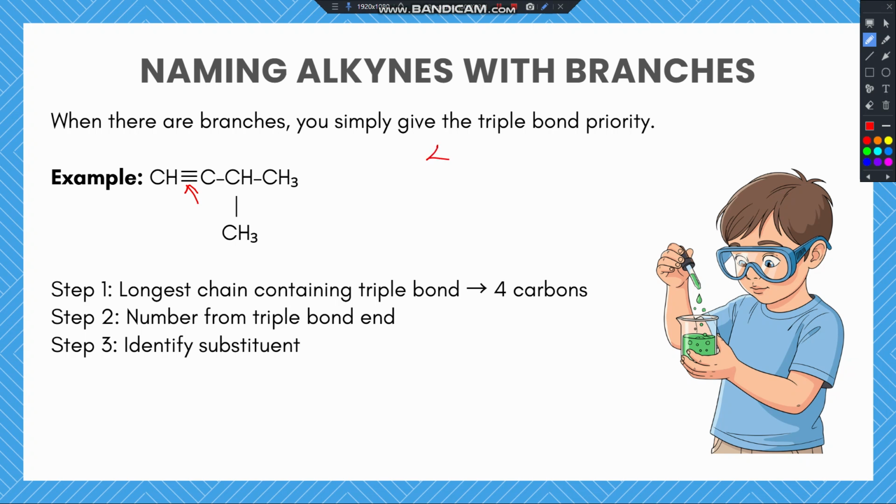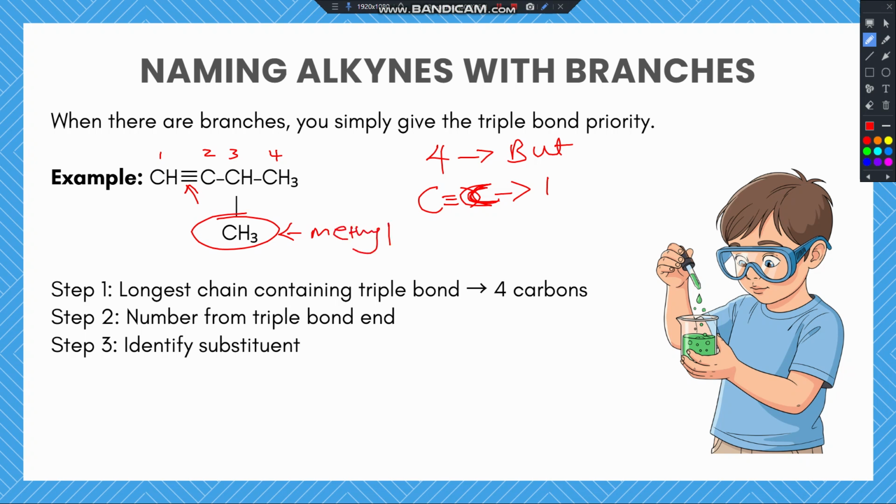So we have 4 carbon atoms, which gives us the parent name BUT, and then the triple bond is located on carbon number 1. And then finally, when we count 1, 2, 3, 4, we have a substituent or a branch over here, which is a methyl substituent, and it is located on carbon number 3.